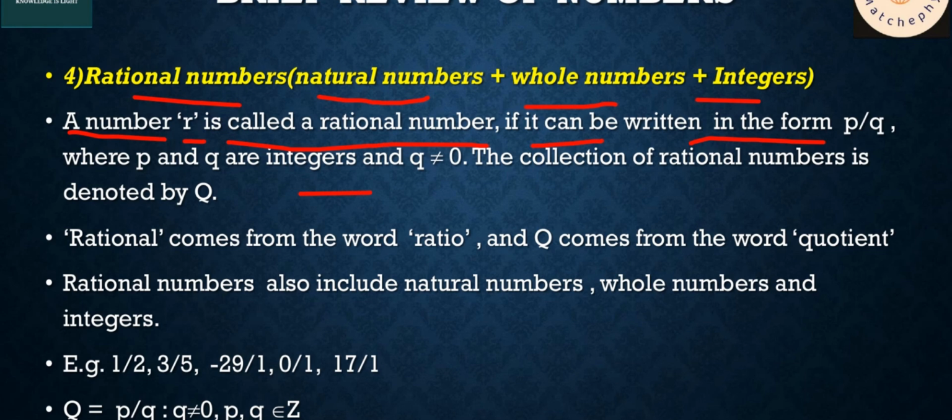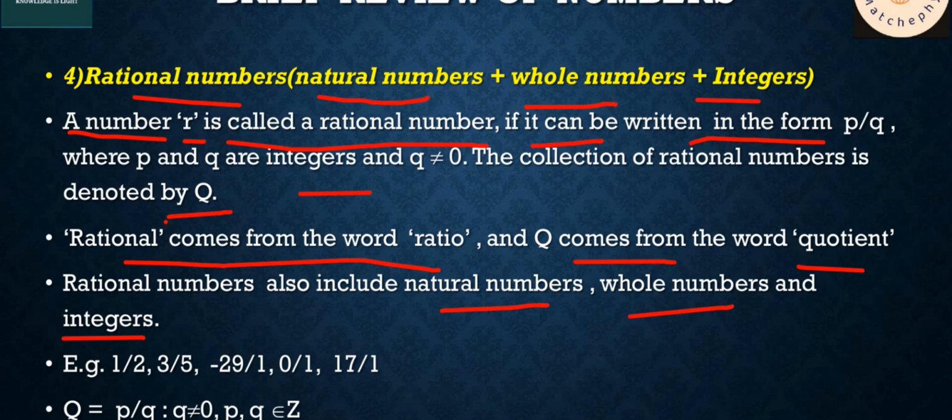The collection of all rational numbers is denoted by capital Q. You can see here, rational comes from the word ratio and Q comes from the word quotient. Rational numbers also include natural numbers, whole numbers and integers. We write them in the form of p by q, where q should not be equal to 0 and both p and q should belong to integers.